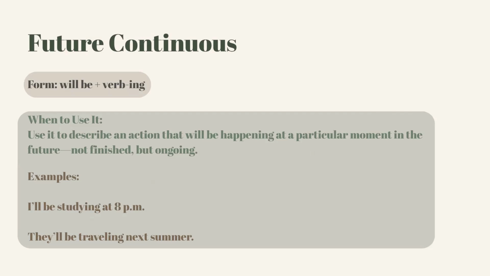Sometimes it is also used in a polite way, to make something sound a little nicer, but that's not that important. But if we were to give an example, instead of "Are you gonna join us for dinner?" you can say, "Will you be joining us for dinner tonight?"